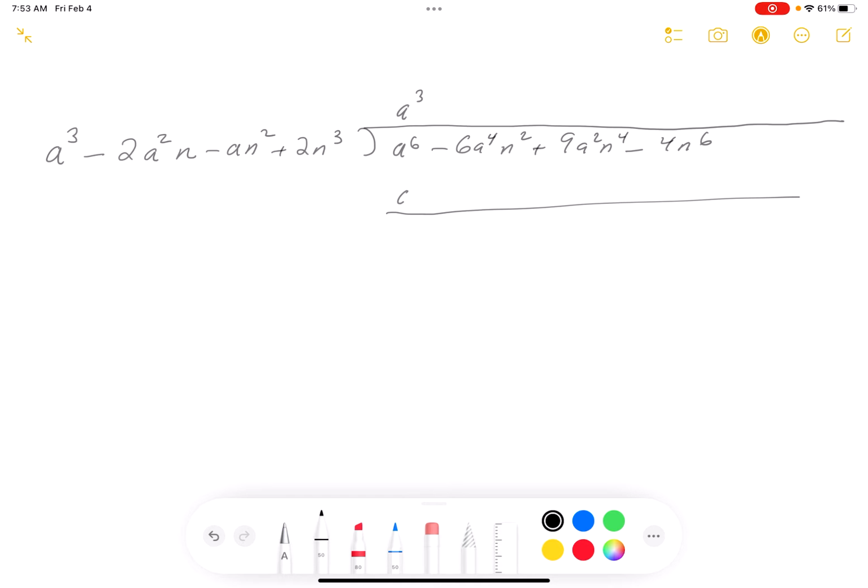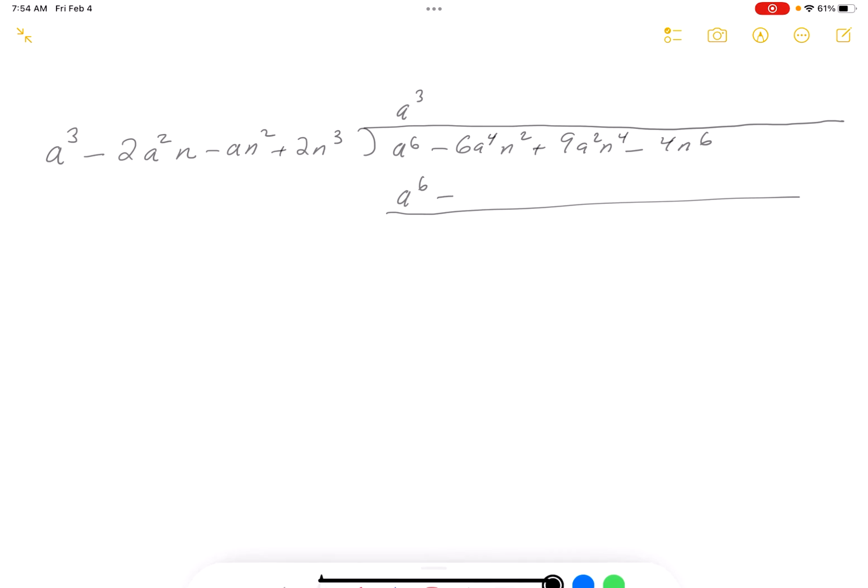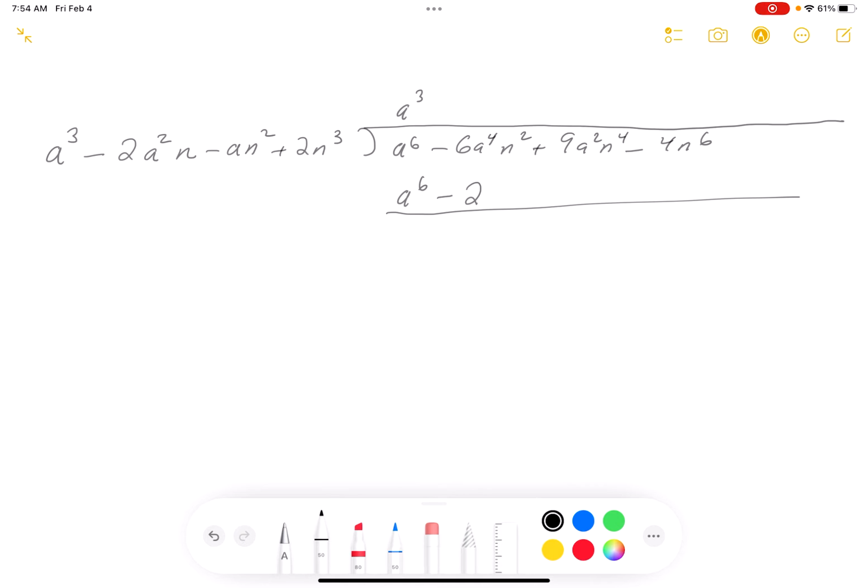What are you going to get? a^6 minus 2a^5 n minus a^4 n squared plus 2a cubed n cubed.